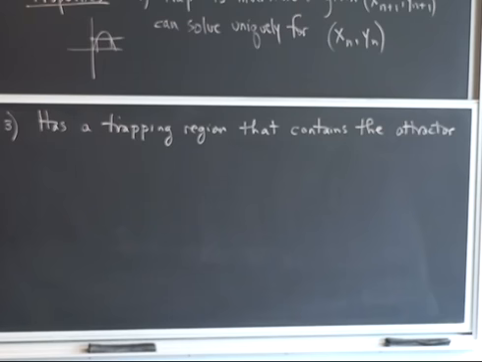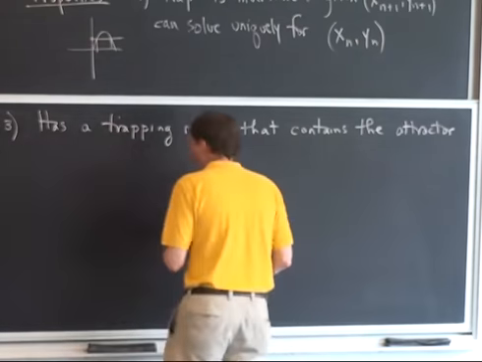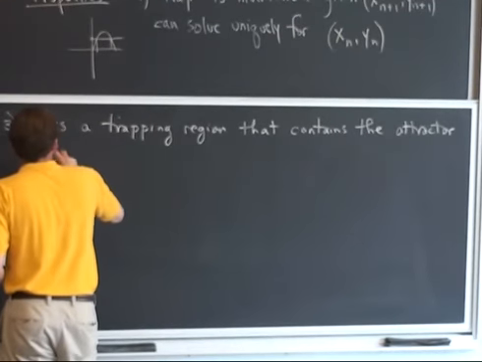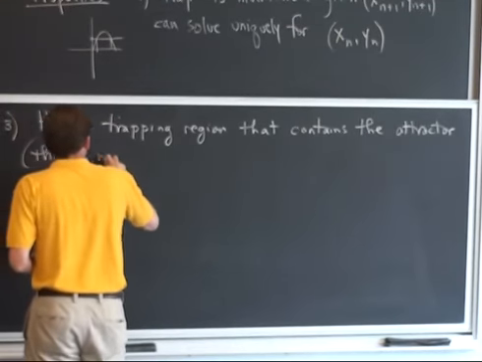You can see that by just thinking about the map. Well, I guess I've erased it. But remember it had an x squared term in it? So if x is big, then the x squared term makes the next iterate even bigger. And so actually things can escape to infinity in the Hénon map. If you start far enough away from the origin, you can get all the way out to infinity. So not all trajectories or orbits here fall into the trapping region.